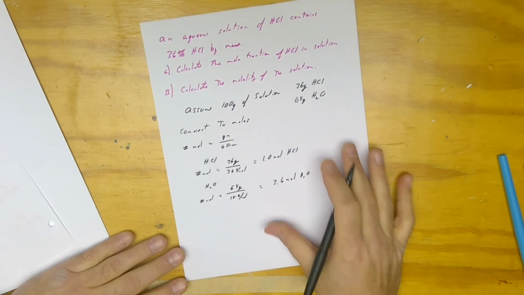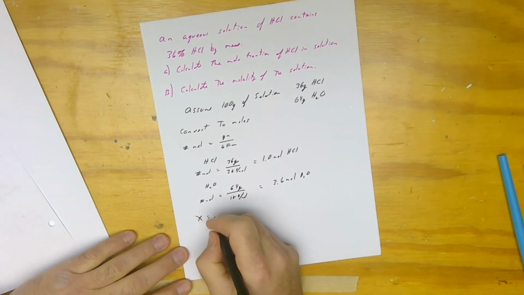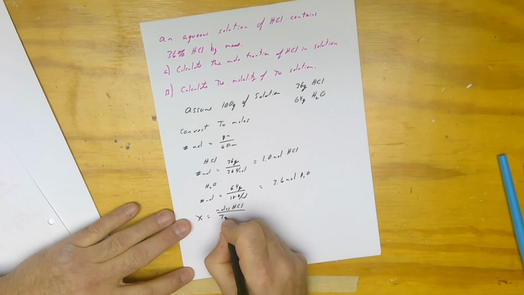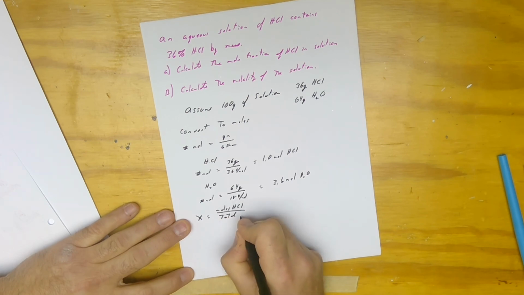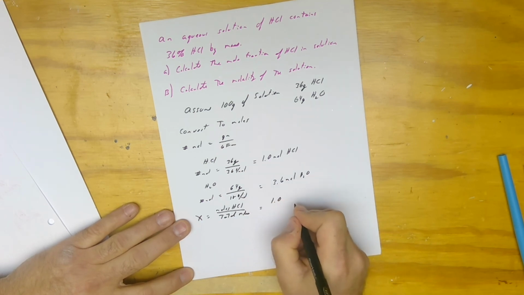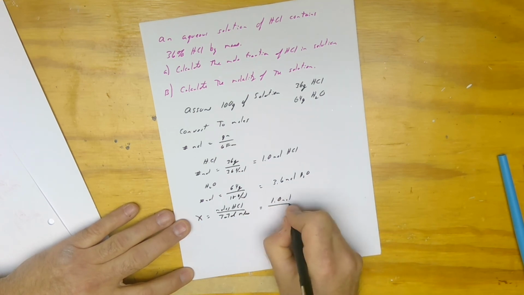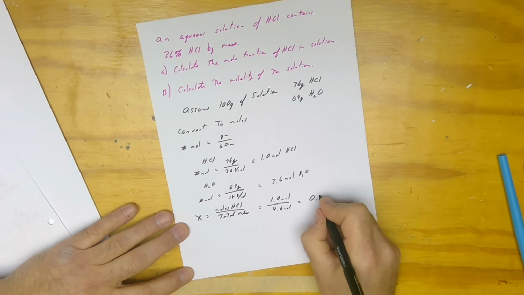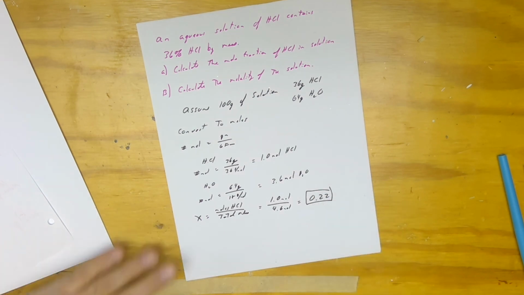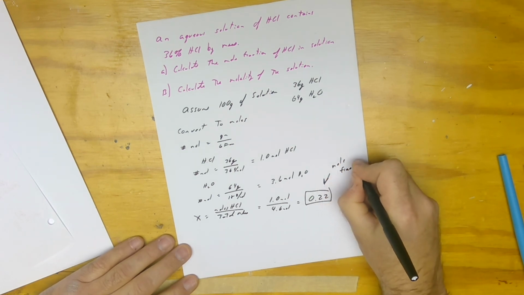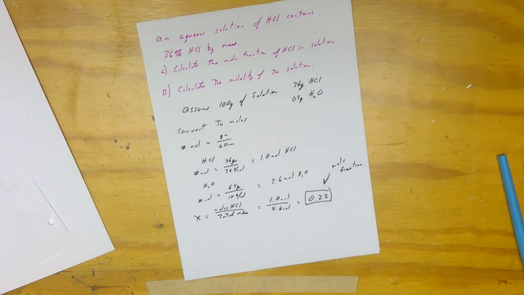So now our mole fraction, or chi, is equal to the moles of HCl over our total moles. So we go 1.0 moles over 4.6 moles. And we get a chi, or a mole fraction, of 0.22. Okay, so that would be our mole fraction right there. Pretty easy.